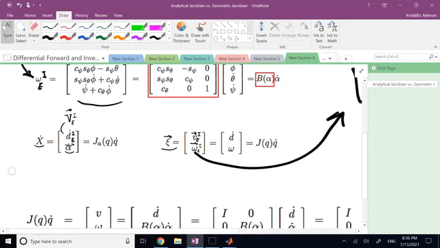So this is what I do. This zeta that we defined and we calculated so far, if you remember, it was equal to J times q dot, correct? And this J that we so far been calculating, we call it geometric Jacobian.